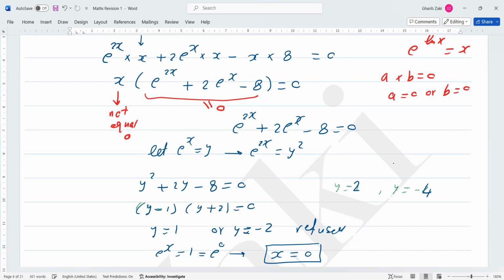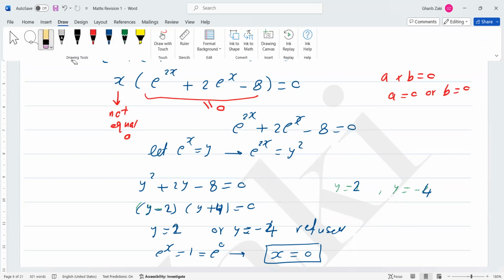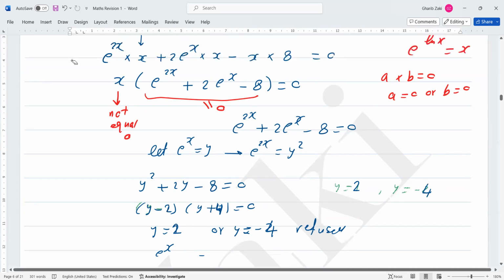Then this is y minus 2 or y plus 4. Thank you, my friend. Negative 4 refused. Then the last answer here, reject this. Y equals 2.